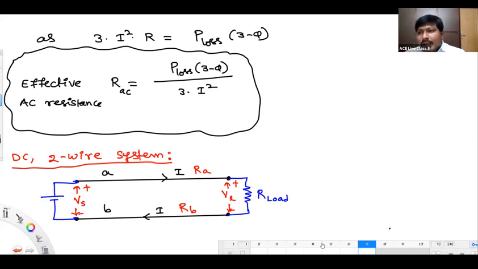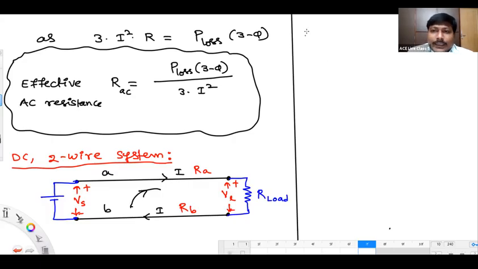To get the total voltage drop, you apply KVL to this loop. So that we can get Vs minus VL. That itself is the total voltage drop. Input voltage minus output voltage. Okay. So let me write. KVL for loop.